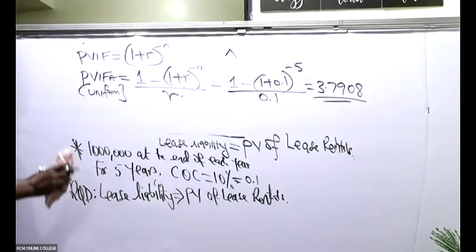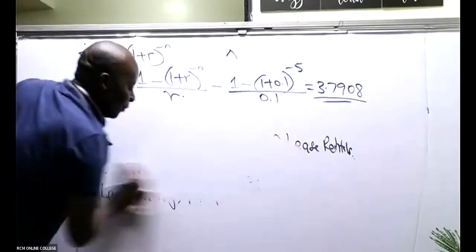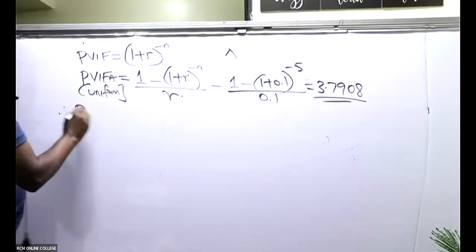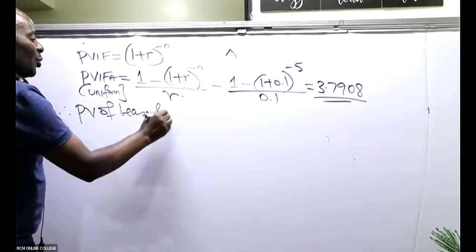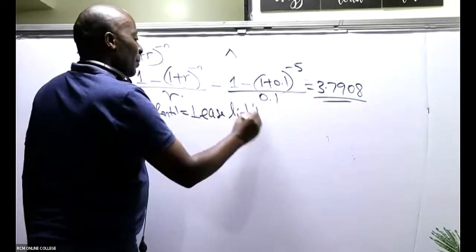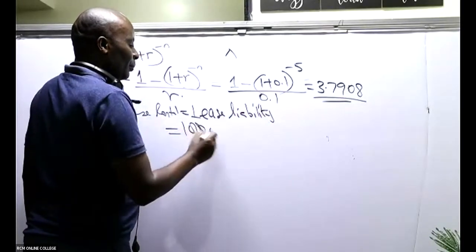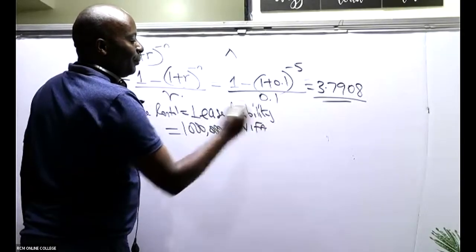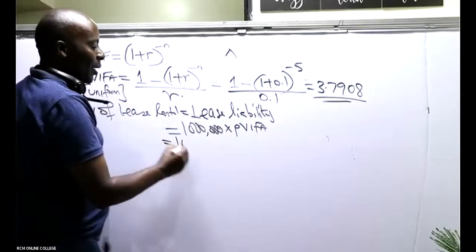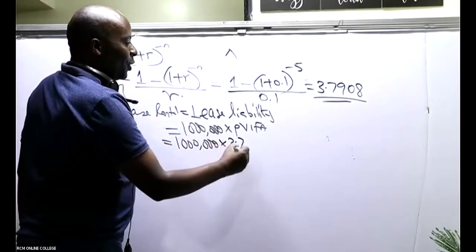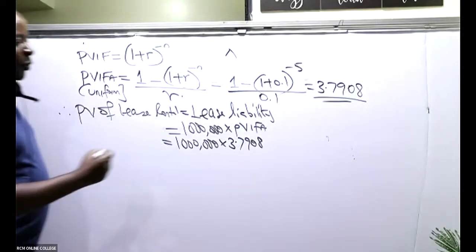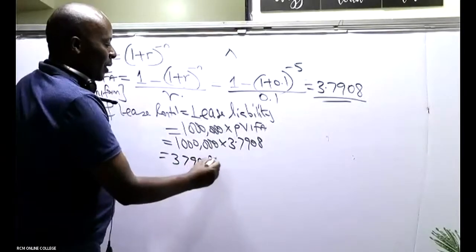And therefore, the present value of our lease rentals, which in this case will be our lease liability, will be equal to the annuity of $1 million times PVIFA. So this will be $1 million, which you are paying every year, times PVIFA of 3.7908, which will be the same as 3,790,800 Kenya shillings.